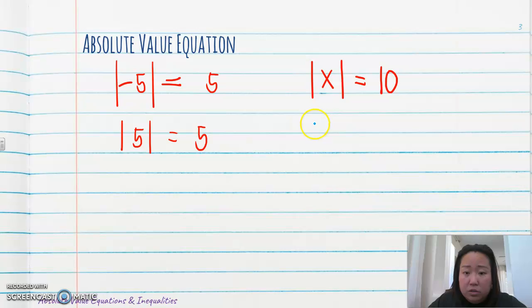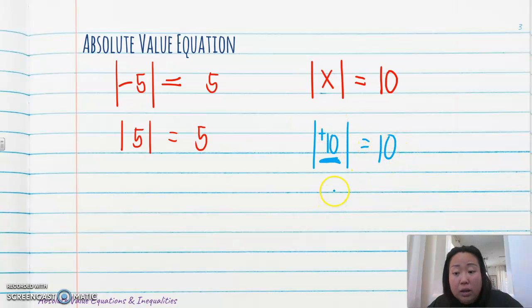The first one: what should be the number inside here so that the absolute value is equal to 10? Well, first off, it's going to be a positive 10, right? But is positive 10 the only value that can give us an absolute value of 10? It's not. There's actually a second value.